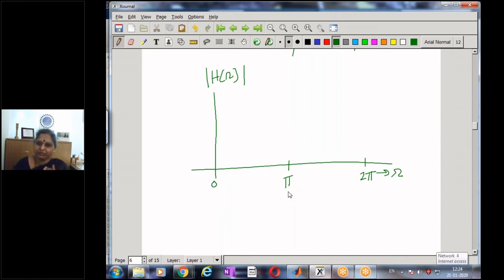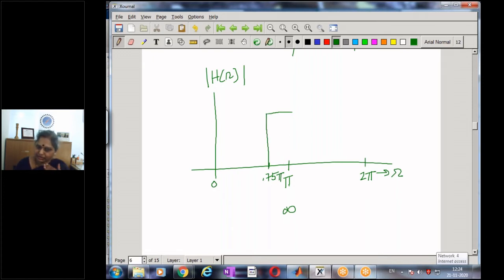So now we know that pi corresponds to the highest frequency. Even though the specification is given as 0.75 pi, because of symmetry, we know that for a discrete time spectrum, pi actually corresponds to a very large frequency. So the cutoff frequency is given as 0.75 pi.